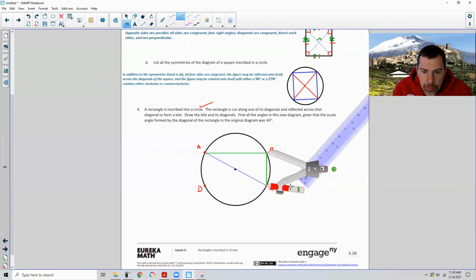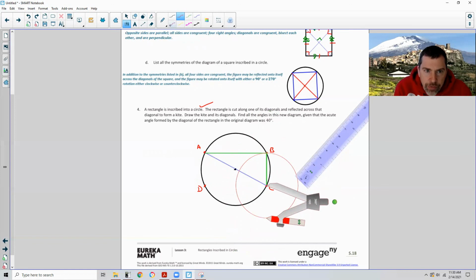Open this just a hair more. There we go. And there is a circle with radius BC, but actually I should have my point down here now, but it doesn't matter. I set it up. And this arc right here should go through B, as it does, as you can see. So this is a circle centered at C with radius BC. So therefore, I now have this point over here, and let's call it E.